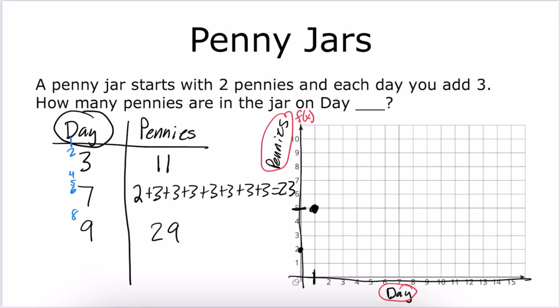And then if you have some students who put the day on the x-axis and the pennies on the y-axis, and others who flip-flop them, then you can have a meaningful discussion about how the labeling of your graph makes a difference in the graph that's produced. But technically, both graphs still represent the situation, just in a different way.